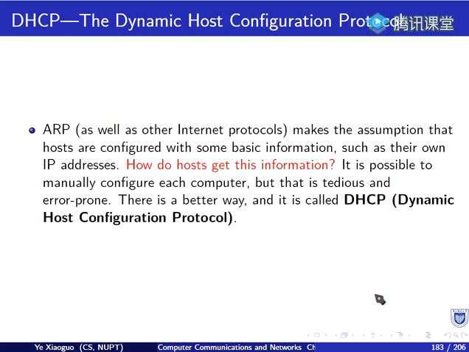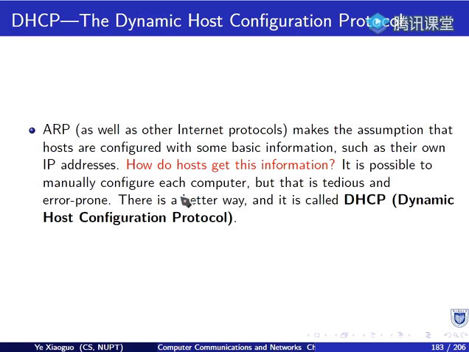ARP, as well as the other Internet protocols, makes the assumption that hosts are configured with some basic information, such as their own IP addresses. How do hosts get this information?